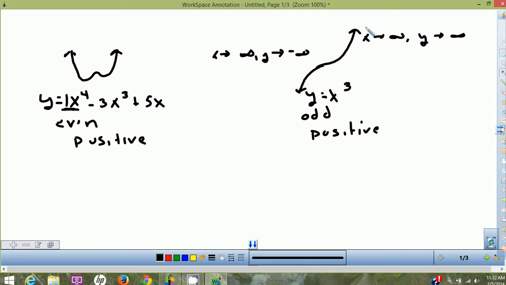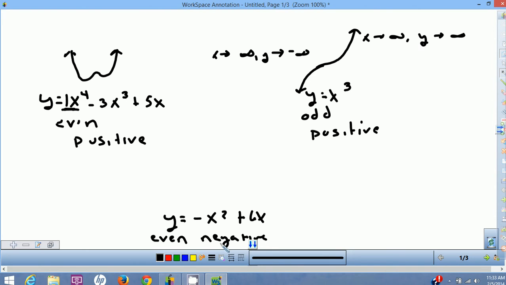All right, so what happens when we get some negative ones in here? We haven't done any of those yet. What if I have y equals negative x squared plus 6x? Well, what's the difference here? Well, we are even in our power, and we have a negative leading coefficient. So even and negative, well, it's going to go down on both ends.